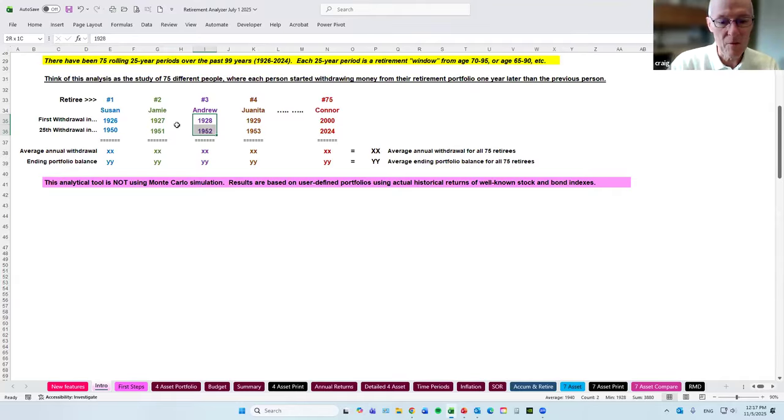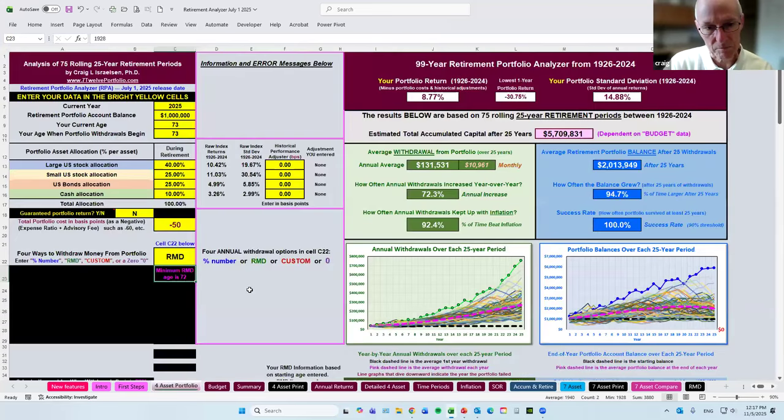Once you see it that way, the whole rolling 25-year thing, it'll be easier to understand the screens that I'm going to show you. So let's start with this screen. This is Excel based. It works on the PC, obviously. It works on the Mac using Excel. So it's a pretty adaptable tool if you have Excel.